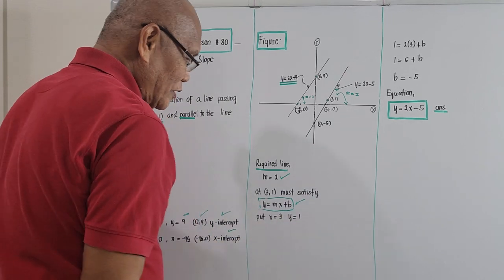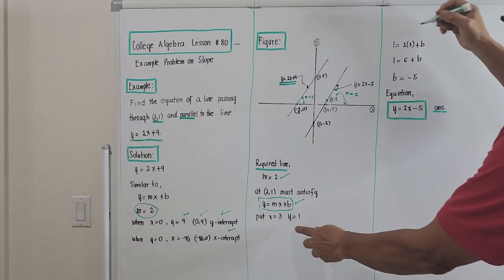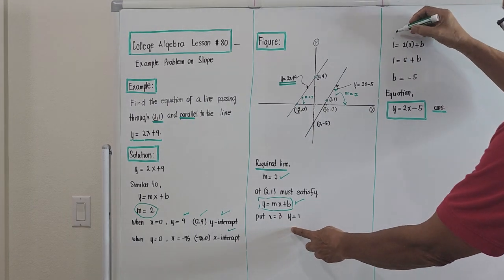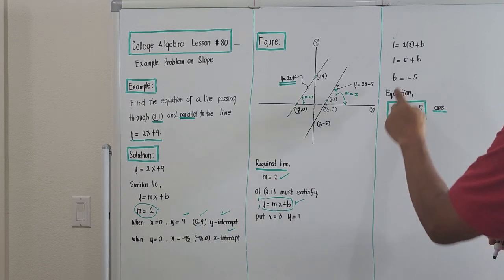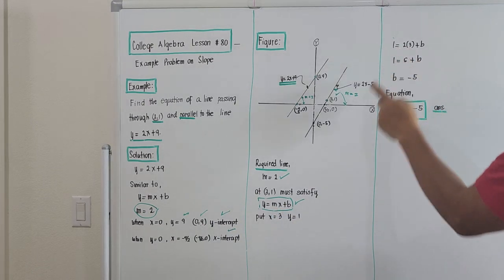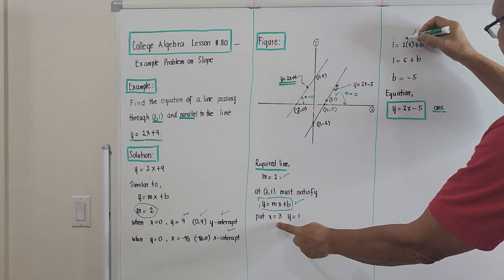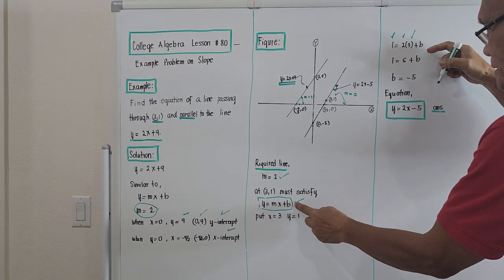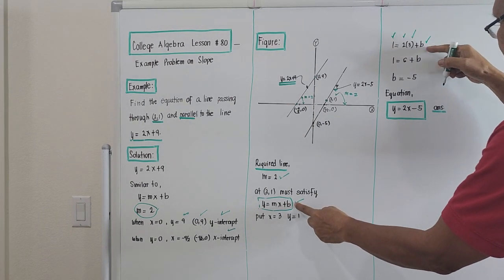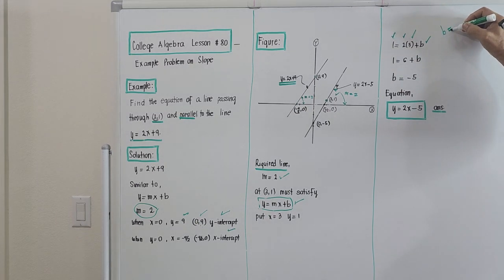Okay? So if we substitute, y = 1, the slope is 2. At the location (3, 1), the value of x is 3, so this will be 2 times 3 and y is 1, plus the unknown y-intercept, because b here, in the slope-intercept form, is the y-intercept.